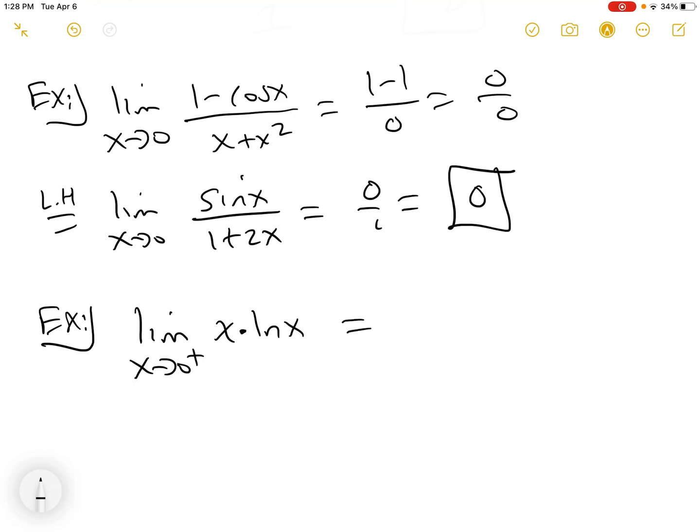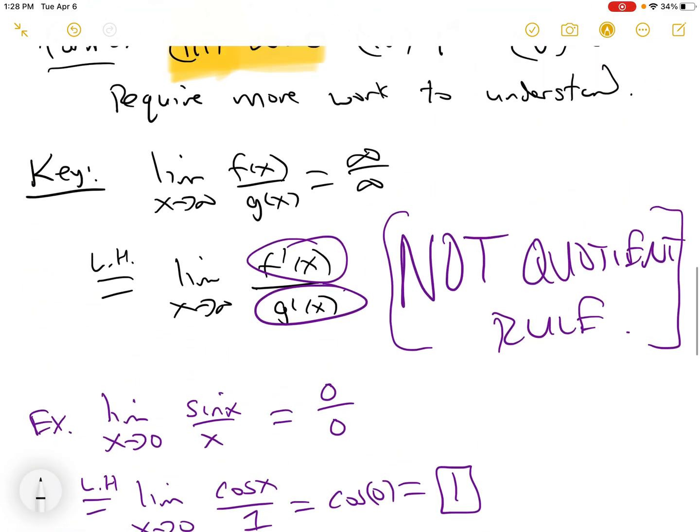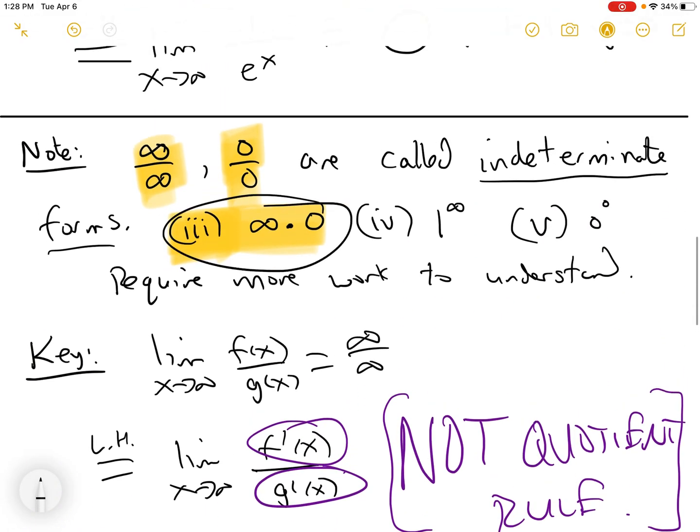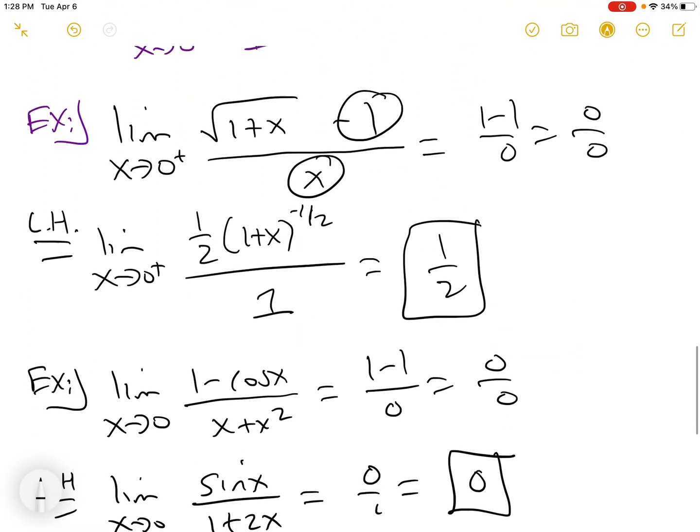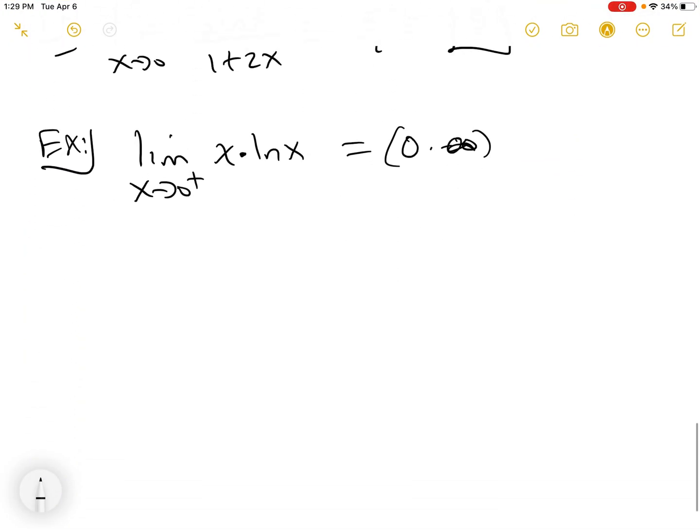So when you plug in 0, you get 0 times minus infinity. Right? So we have this indeterminate form. So it's 0 times infinity, which isn't 0 and it's not infinity, it's indeterminate.